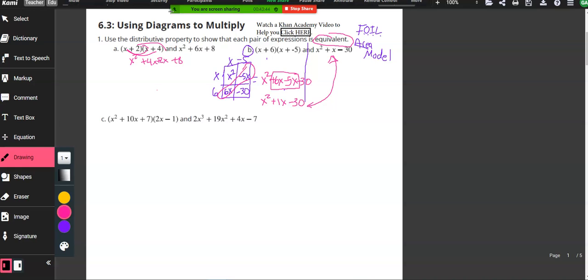For C, notice that it has 3 terms. I'm just going to set it up for you, and you're going to do this later on your own. So I have 3 terms, so that means that I have x squared, 10x, and 7. And then I have two terms here. So I put 2x and minus 1. And then I draw some windows or some boxes like this.